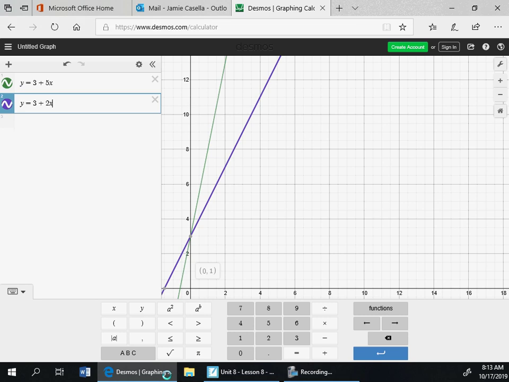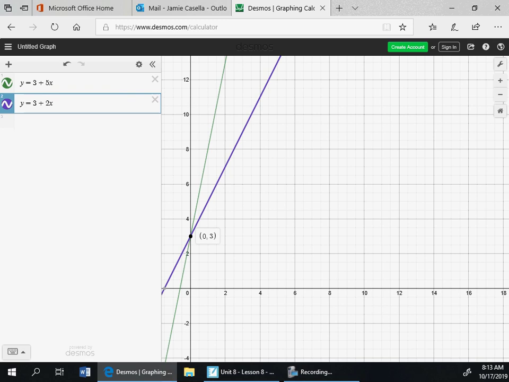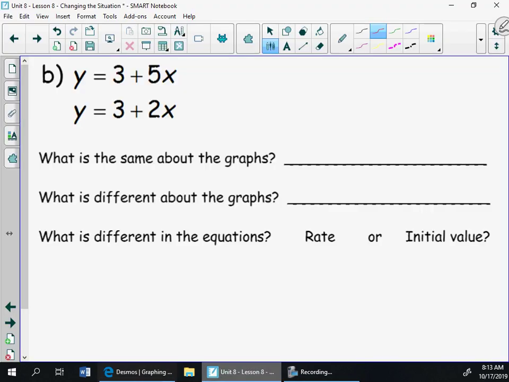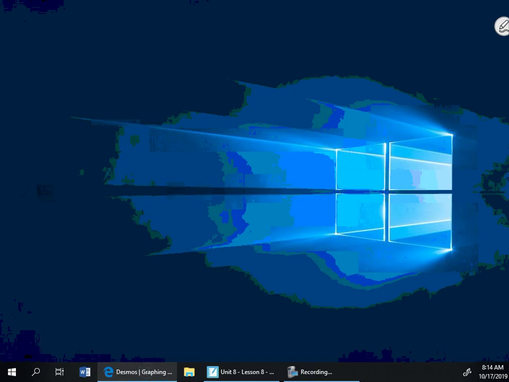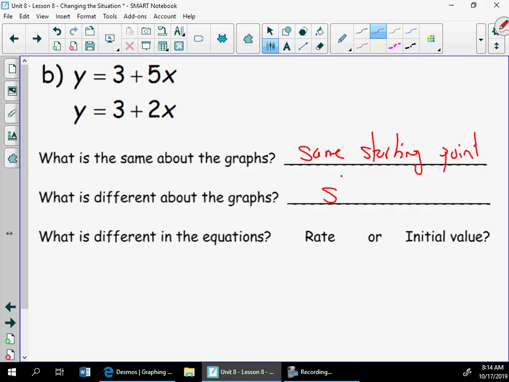Take a look at these ones. What do I notice about them? What's the same, what's different? The same is they definitely start in the same spot: same starting point. What's different? They're definitely different steepnesses. The green is steeper than the purple: different steepness.